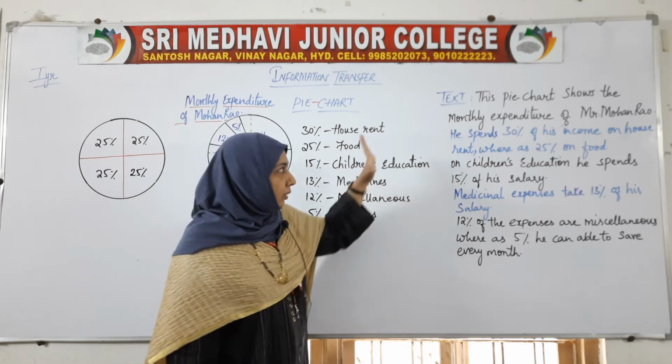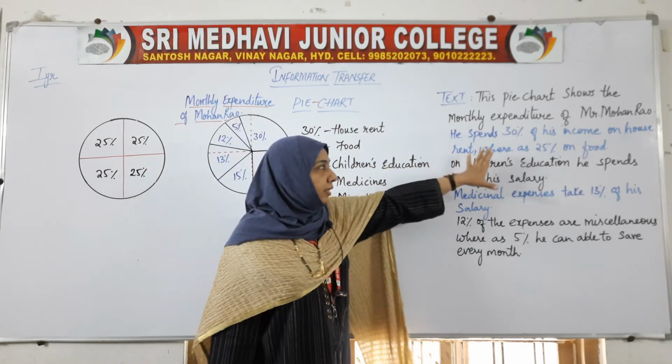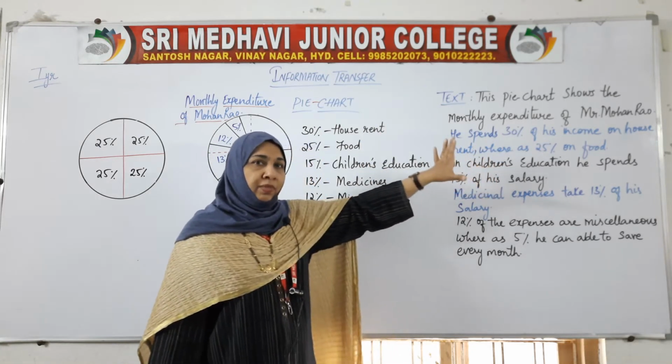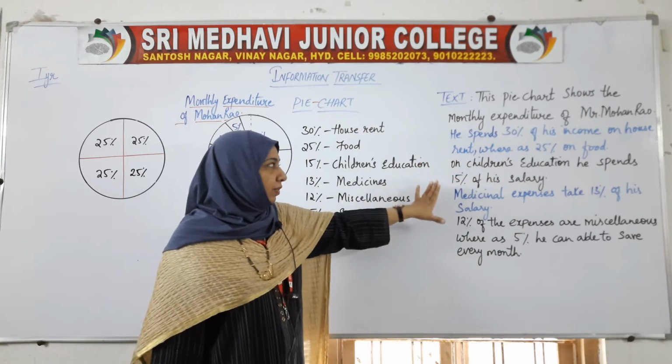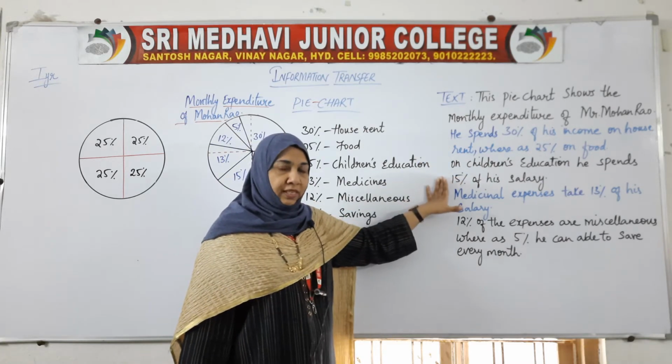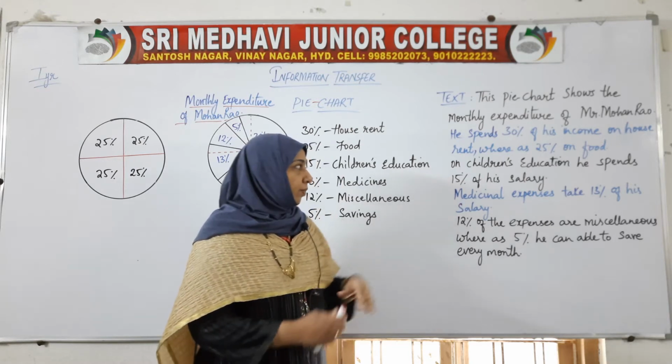Overall, when you calculate 30 plus 25, 55, 55 plus 15, it could be 70.